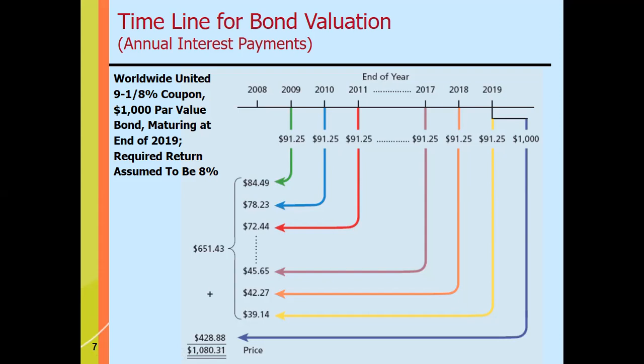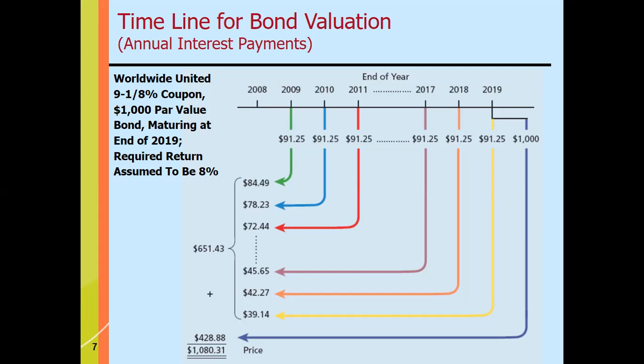So the shortcut is the amount of the periodic interest, which is $91.25, and then we multiply with the present value factor. To get the present value factor as a shortcut, that is the quantity 1 minus the quantity 1 plus i to the power of negative n all over i.